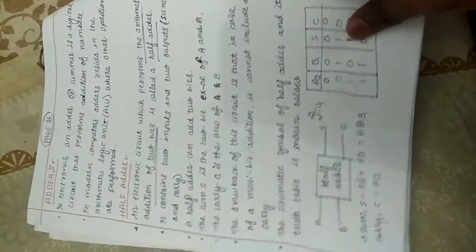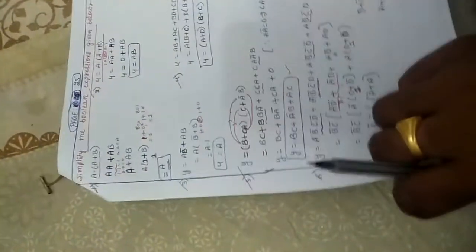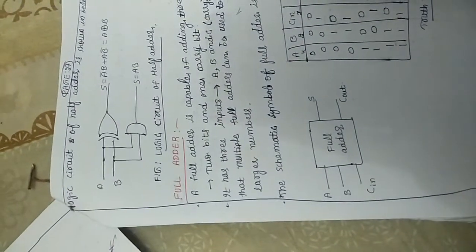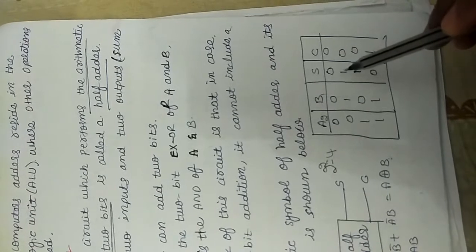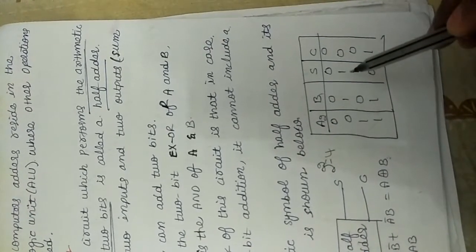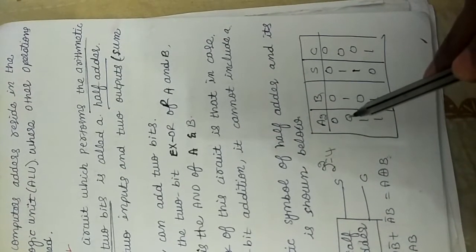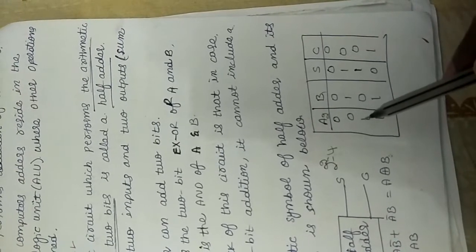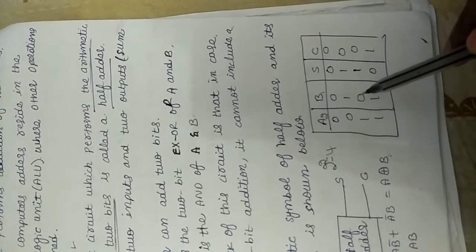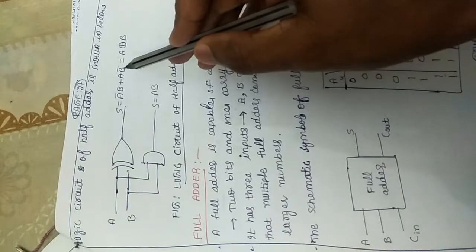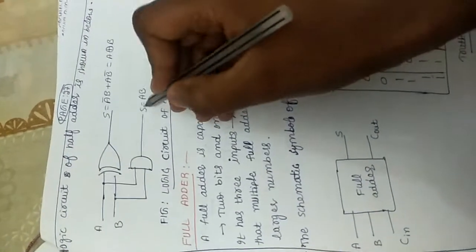So now you have to realize the half adder using a logic diagram. Here in the sum expression you might observe the sum is 1 when A bar B and A B bar. Therefore the sum expression is A bar B plus A B bar. This is carry.